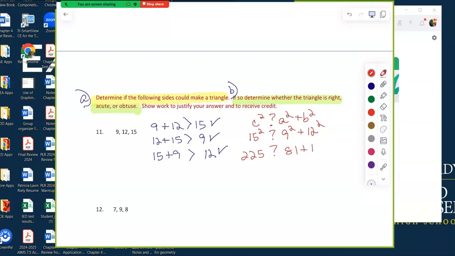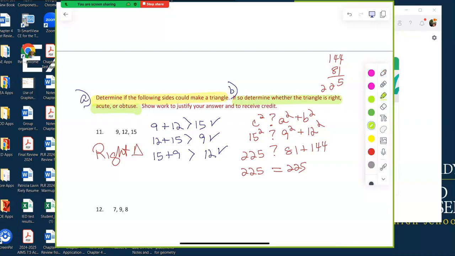And 12 squared is 144. Okay, 144 and 81, 5, 2, 225. Guess what? 225 equals 225. If C squared equals A squared plus B squared, this is a right triangle. Okay? That's your answer. And this is all my supporting work.